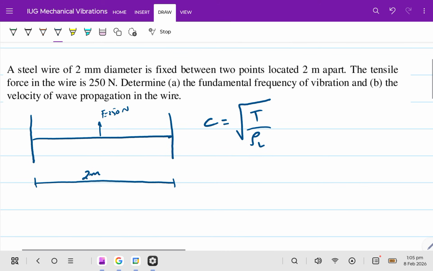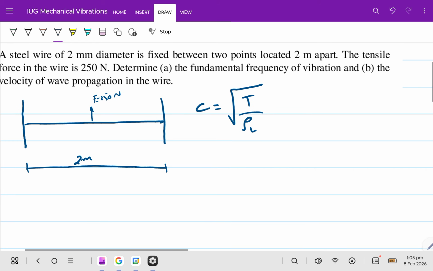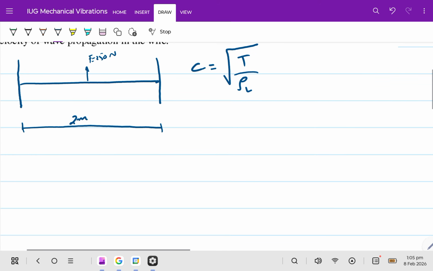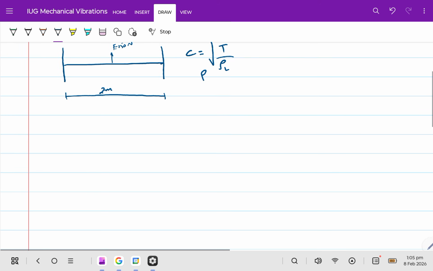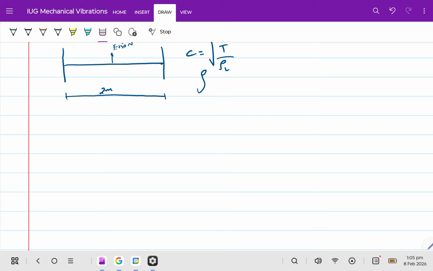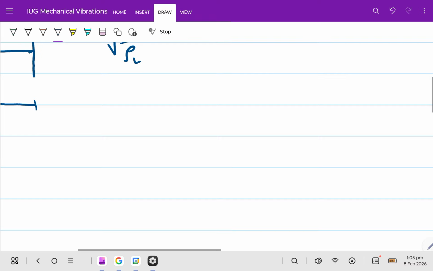We know the tensile force, that is 250 newton, but we don't know the linear density. So the linear density can be written as volumetric density into the area, because volumetric density is mass per unit volume into the area.